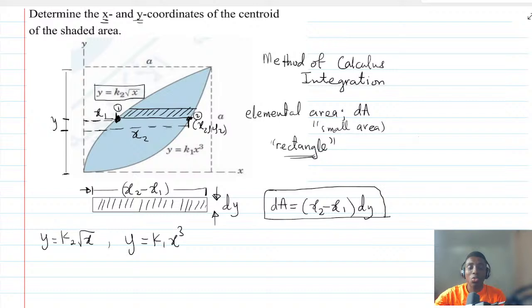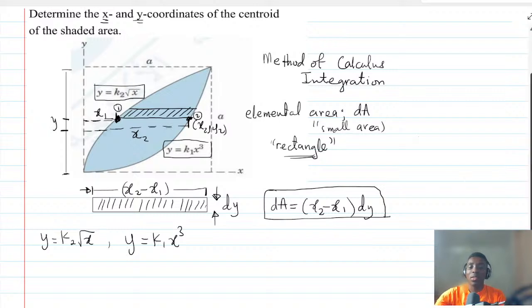Okay, so now that we have been able to establish this, let's go ahead and substitute the values inside. Right now, what do we know? We know that x2 is coming from this curve, and then x1 is coming from this curve.